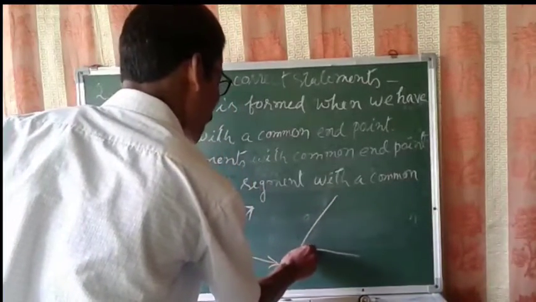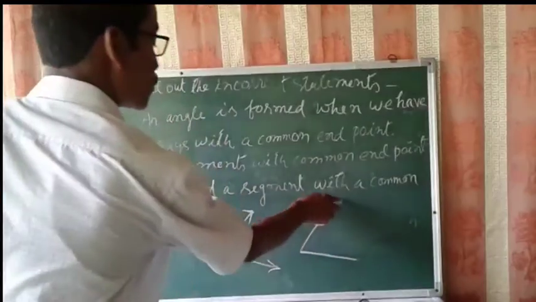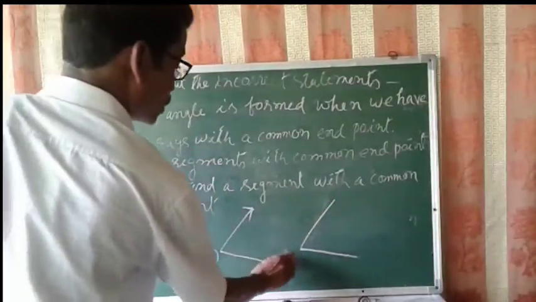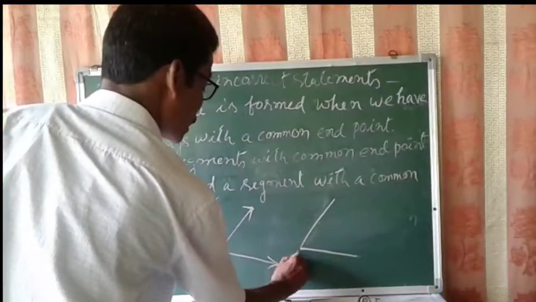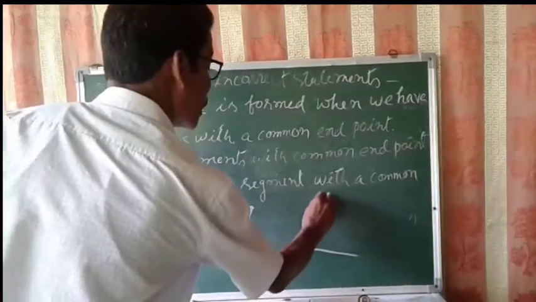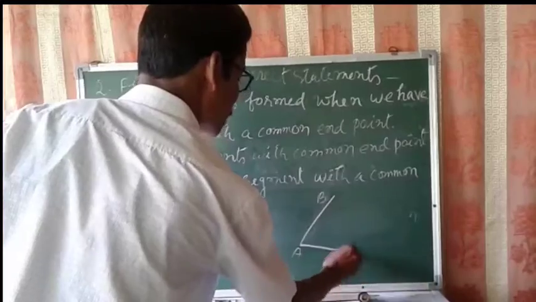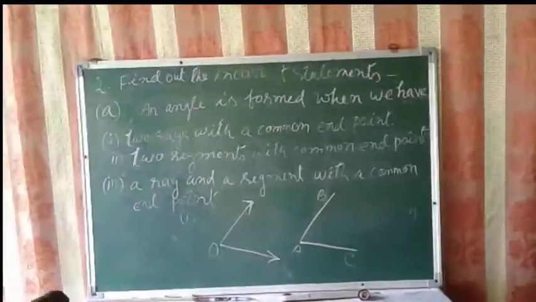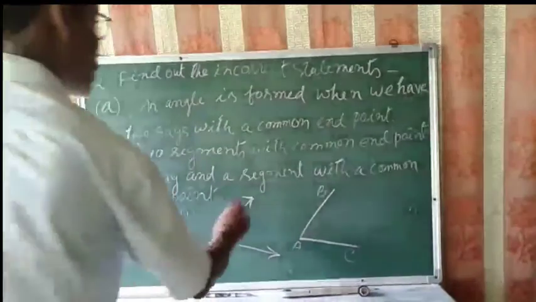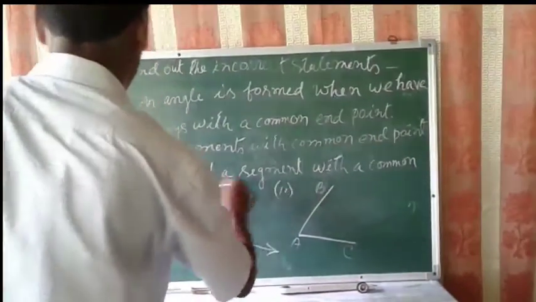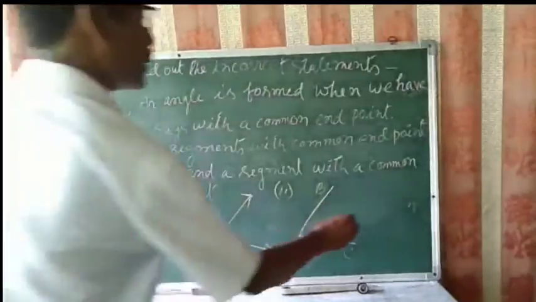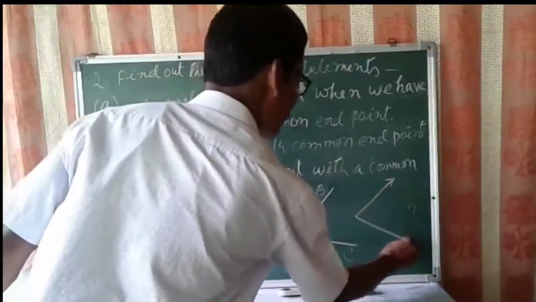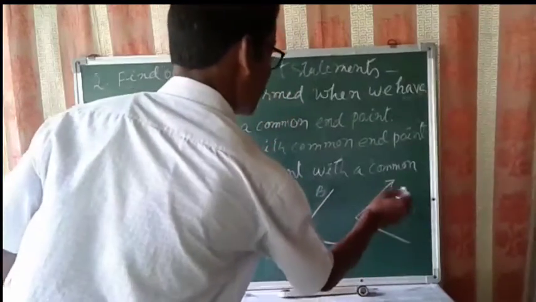Two line segments. This is a part of the line, therefore called a segment. Suppose this is A, B, C. AB is a segment and AC is a segment. This is 2. A ray and a segment. This is a ray and this is a segment.